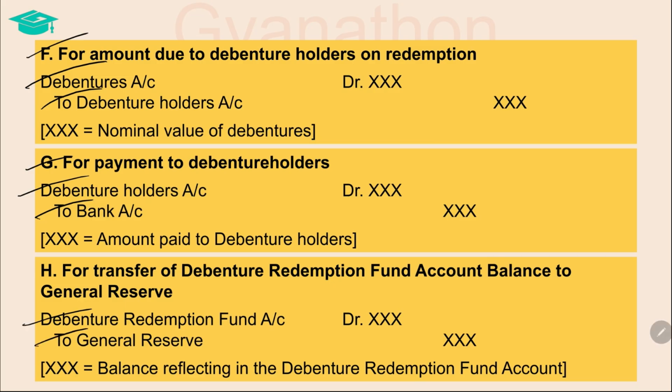You can see that in the course of the journal entries, the only account related to the debenture redemption which still has a balance in it till the end is the debenture redemption fund account. All the other accounts like interest and investments are closed by transferring the balance to the debenture redemption fund account. So at the end, this particular entry closes the debenture redemption fund account also and transfers the balance to the general reserve.